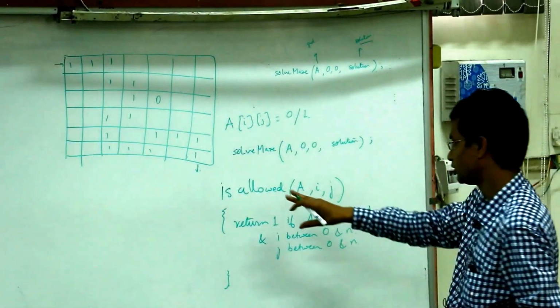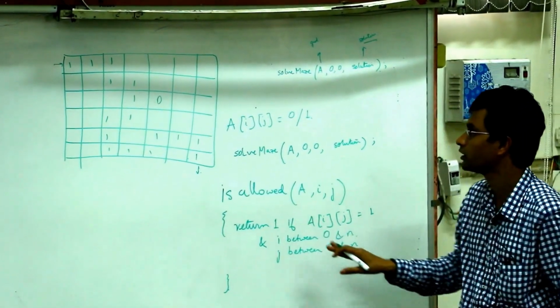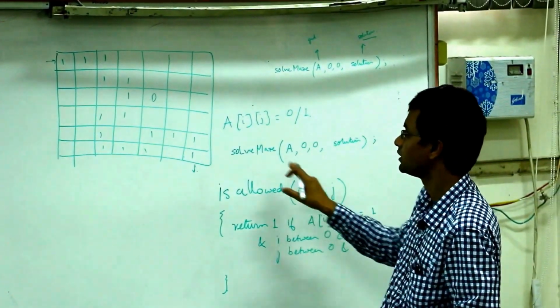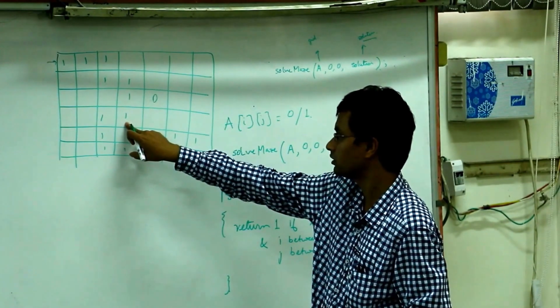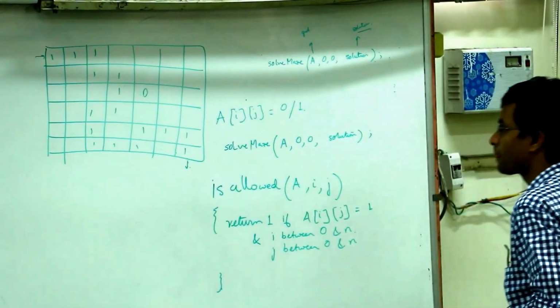So this says that a particular cell Ij is fine if Aij is 1 and Ij are within the boundary, nothing else.